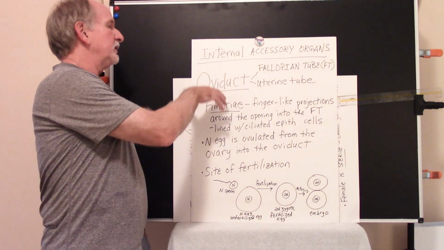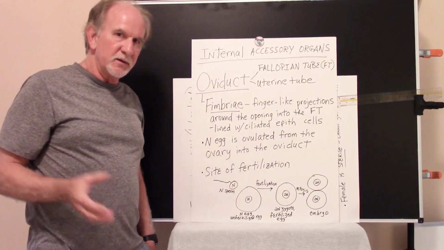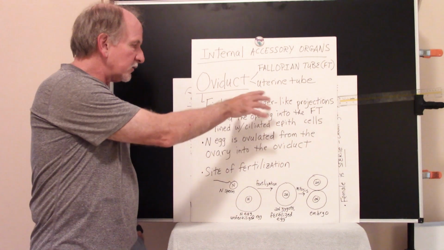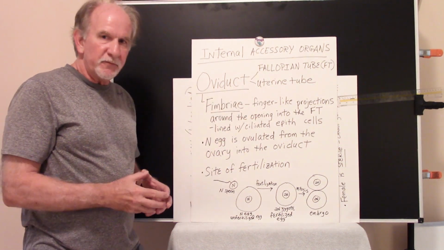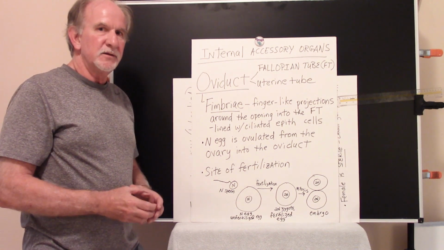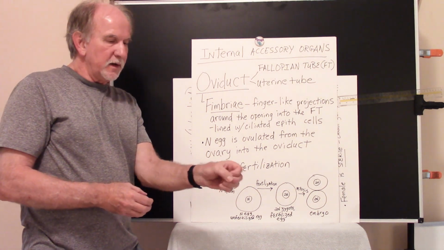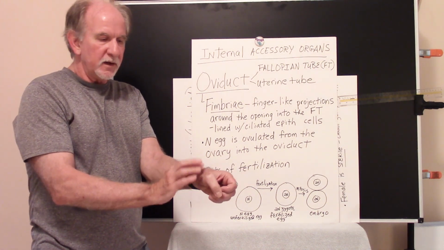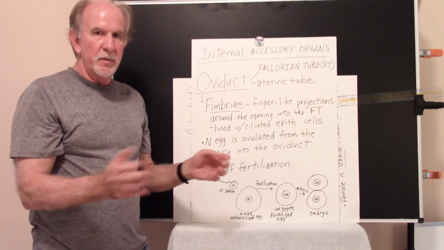So the oviducts have at their ends that project to the ovaries finger-like projections called fimbriae. And those finger-like projections are around the opening into the oviduct. So if this were the opening to the oviduct, these finger-like projections would be around that opening.